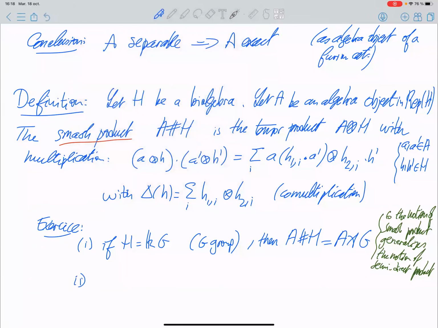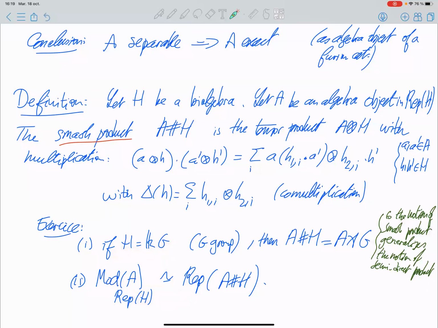And the second point of the exercise, connecting with the section: the category of A-modules is equivalent to the category of representations of the smash product. This is for groups, and this is in general.